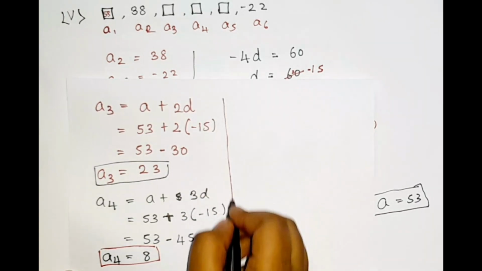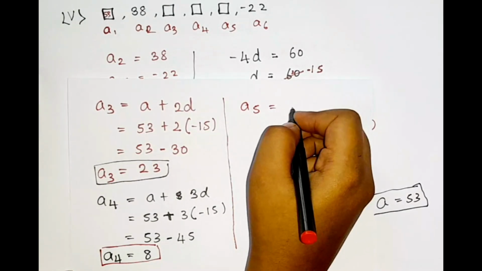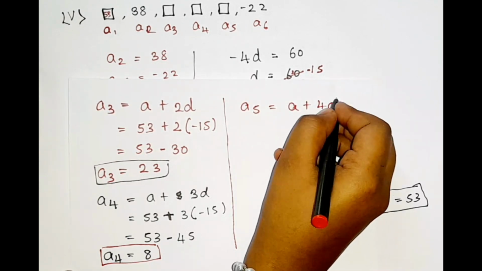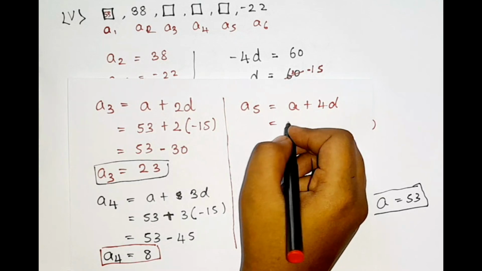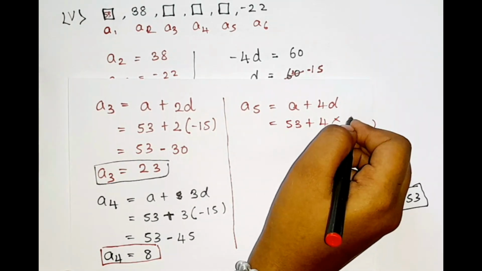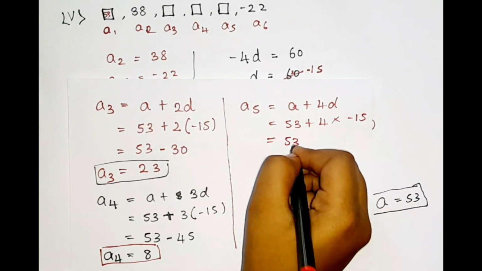So now let's find the A5 value. A5 is equal to A plus 4D, since the previous number of 5 is 4. A value is 53 plus 4 into D value, minus 15.